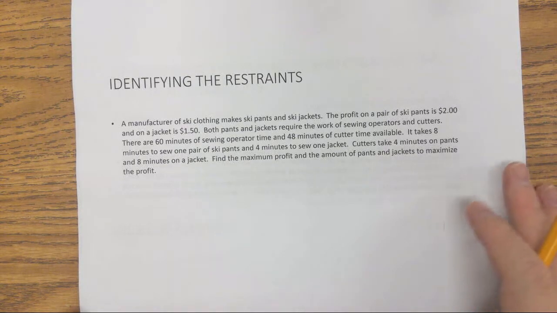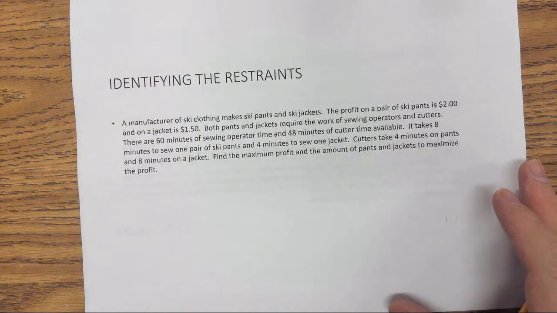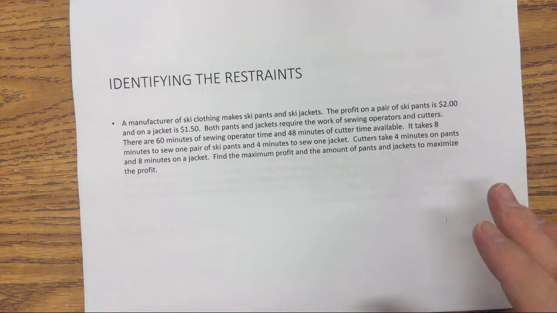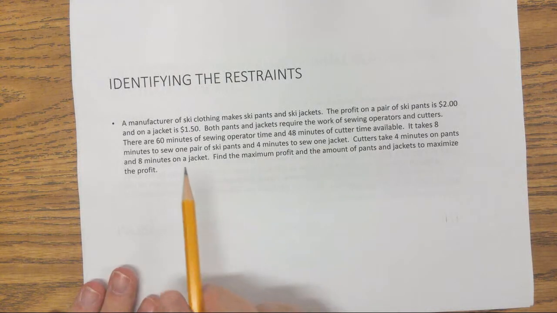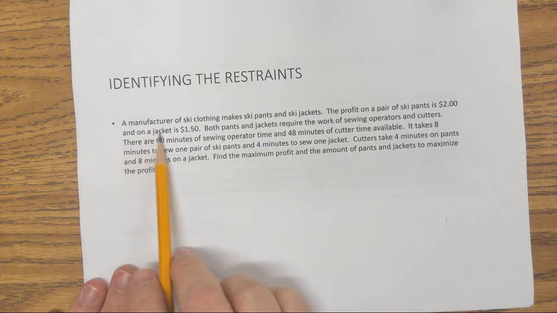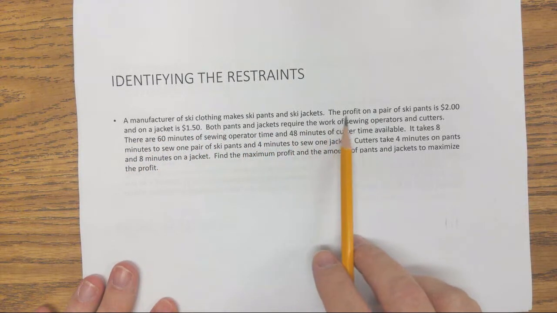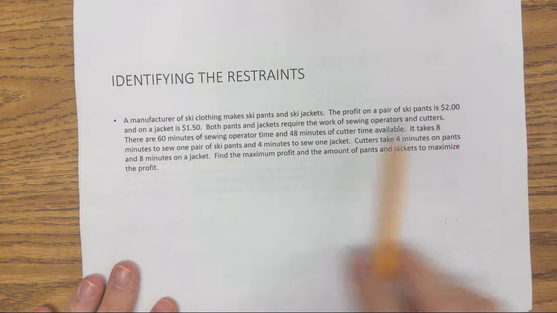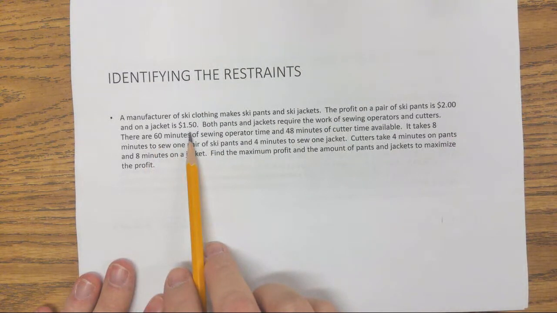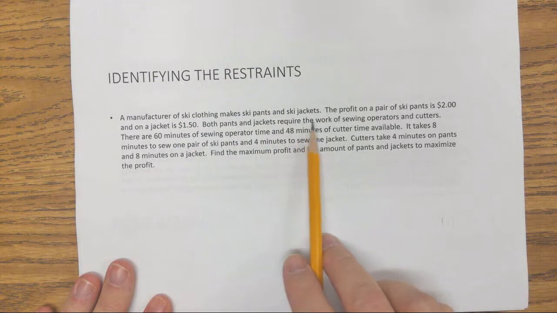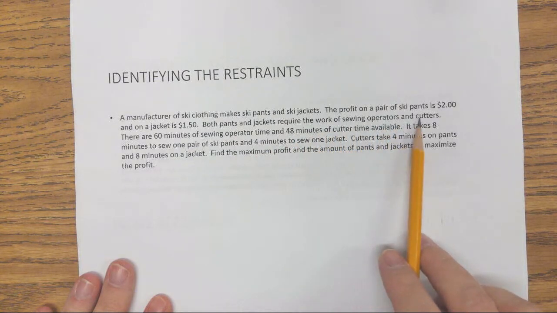We're going to identify the restraints. Just like with any other word problem, we're going to read the problem. A manufacturer of ski clothing makes ski pants and ski jackets. The profit on a pair of ski pants is $2 and on a jacket is $1.50. Both pants and jackets require the work of sewing operators and cutters.